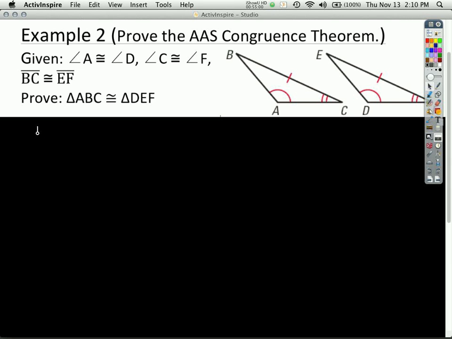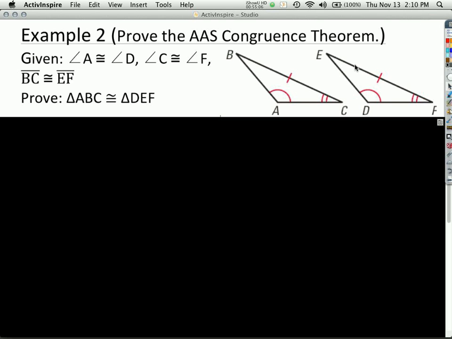So now I want you to look at the picture I have here. This picture right here. We would like to be able to say that these two triangles are congruent. Angle, angle, side says that they are, but we haven't proven it yet.